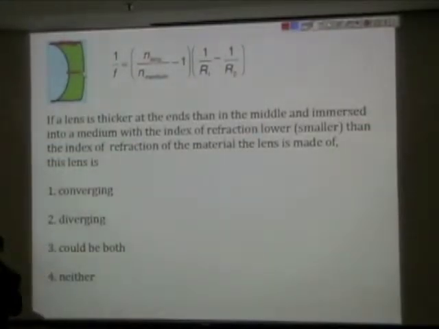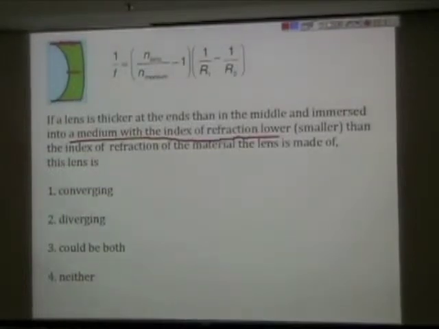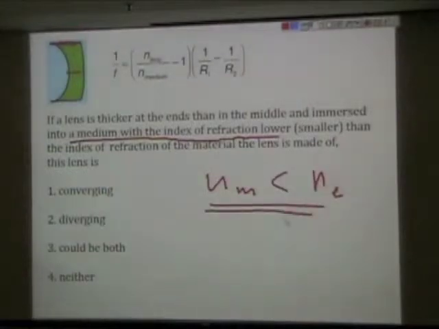The lens is thicker here, thinner there. And we also place it into a medium with index of refraction which is lower. So n medium is less than n lens. The two conditions.